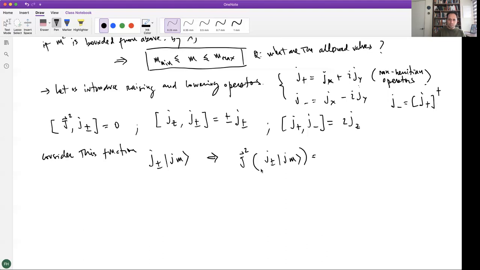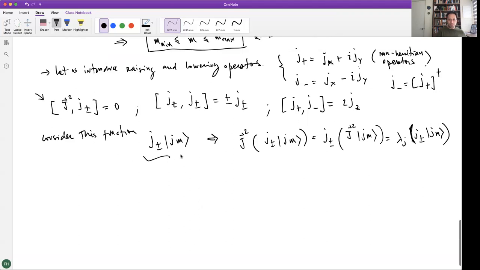Because these two operators commute, recall this commutation relation, because J squared commutes with J plus-minus, I can flip the operator order and then have something like this: J squared on |j m> is going to be equal to lambda_j times J plus-minus on |j m>, which means that this wave function here is also an eigenfunction of J squared with the same eigenvalue as |j m>, with lambda_j eigenvalue.